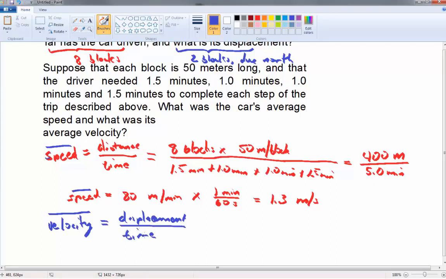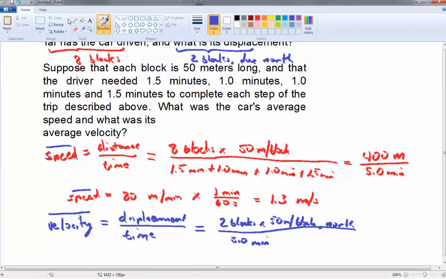So we've already figured out that the time is 5 minutes. The displacement in this case is 2 blocks times 50 meters per block to the north. So that divided by 5.0 minutes.